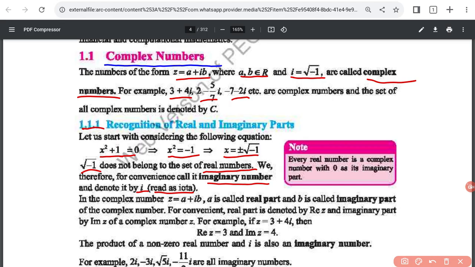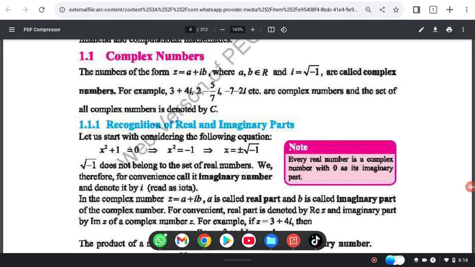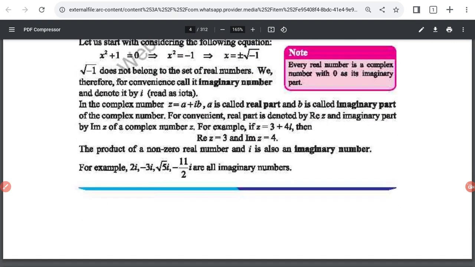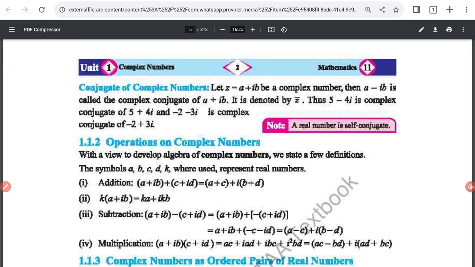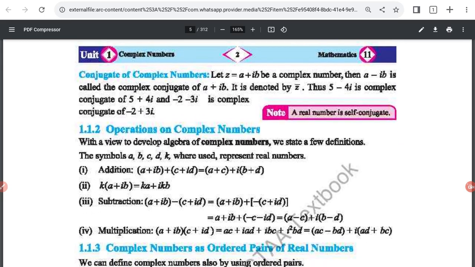So this is the recognition of real and imaginary parts. Now we move towards the next topic, that is the conjugate of complex numbers. First of all, we have z equal to a plus b iota, a complex number. Then a minus iota b is called the complex conjugate.